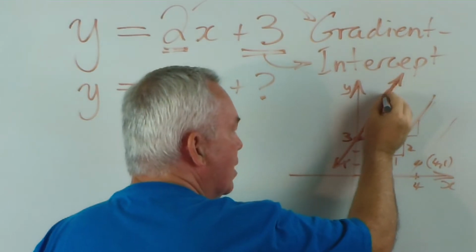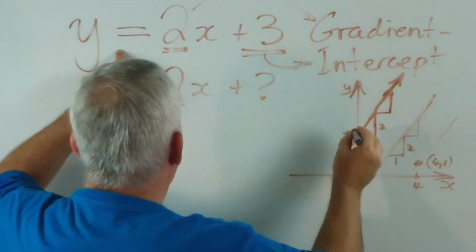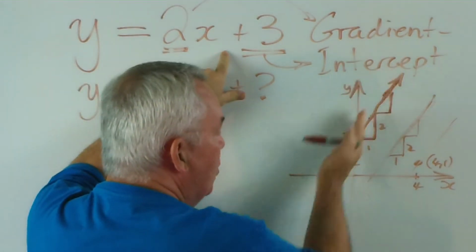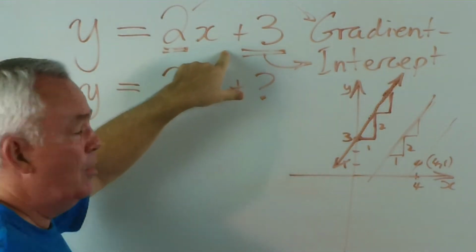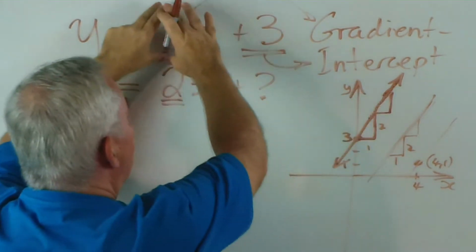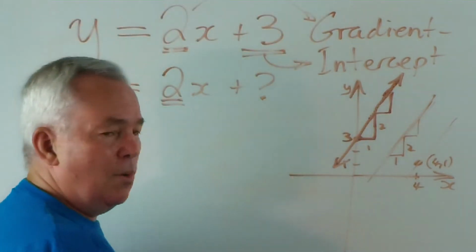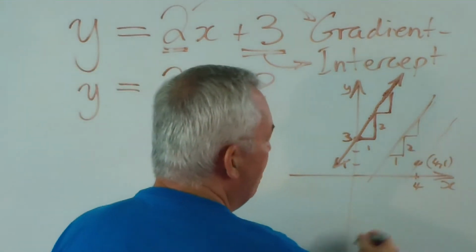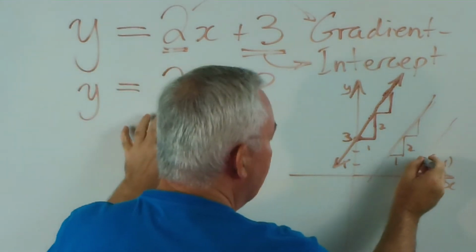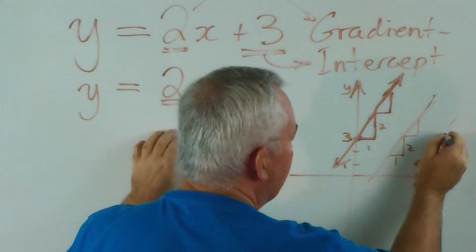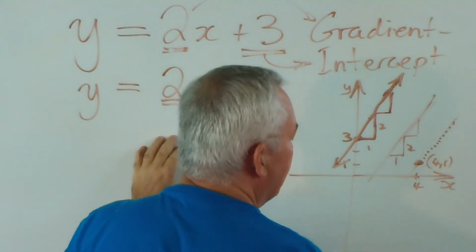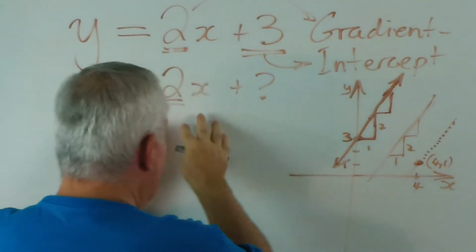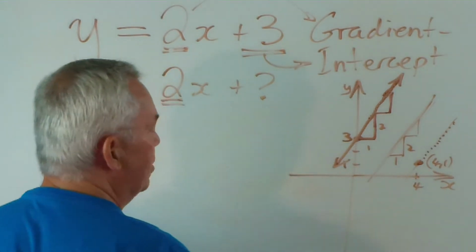Every point on this line satisfies that equation, which is why we draw the line or draw the picture, because it represents the values that make this equation true. So we're looking for an equation that will find all the points, including this one, that will make this equation true. So if 4, 1 makes this true, then we can substitute it.